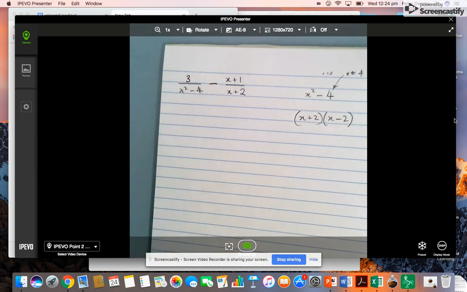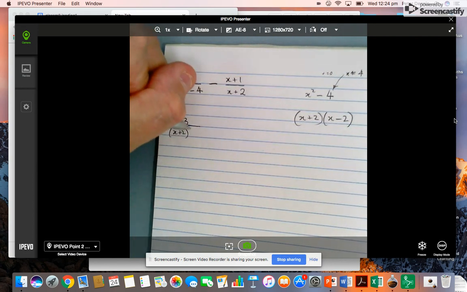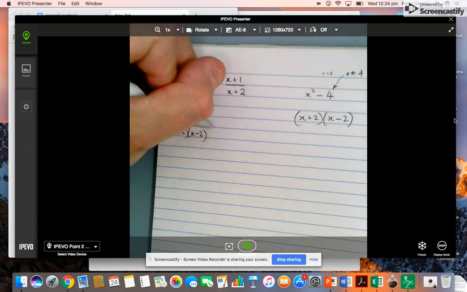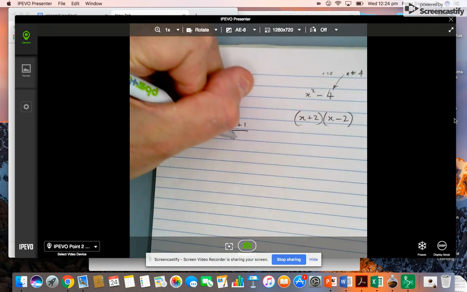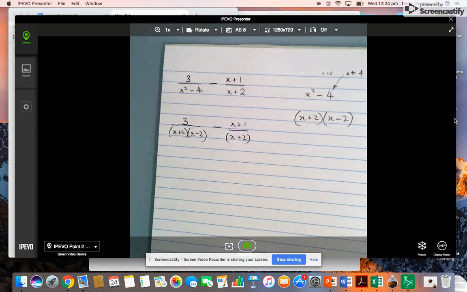So this first bracket, if we write it out again, just becomes 3 over x plus 2, x minus 2. And we're going to minus x plus 1 over x plus 2. Now, why do we do that? Let's look at the common denominator. We could just multiply both of these together, but you've got an x plus 2 both of the times here.